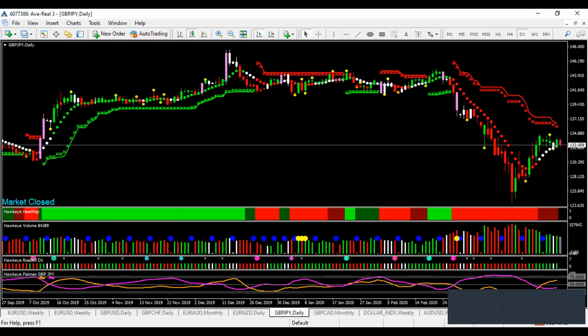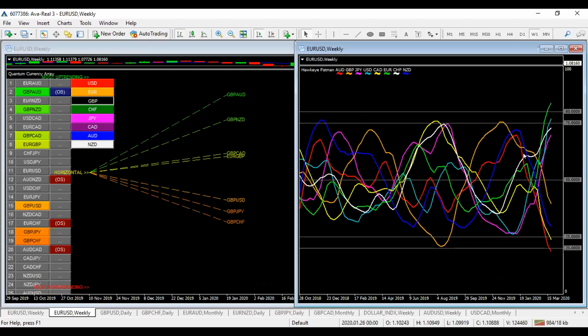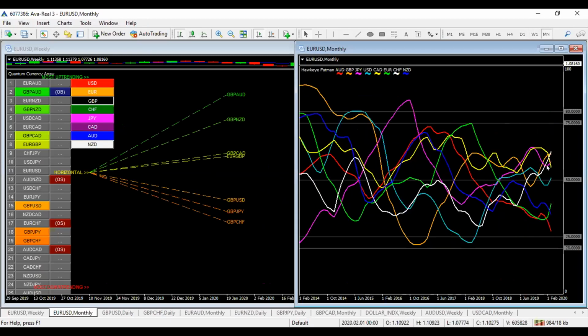So I think we'll have to wait for a couple of daily candles to close and confirm the direction, because we'll also check the Fatman. On the monthly, we are seeing that yen could also be in strength. It curved here and is starting to move upward. So what happens here is, if two currencies are moving in the same direction, it leads to consolidation or very limited movements.